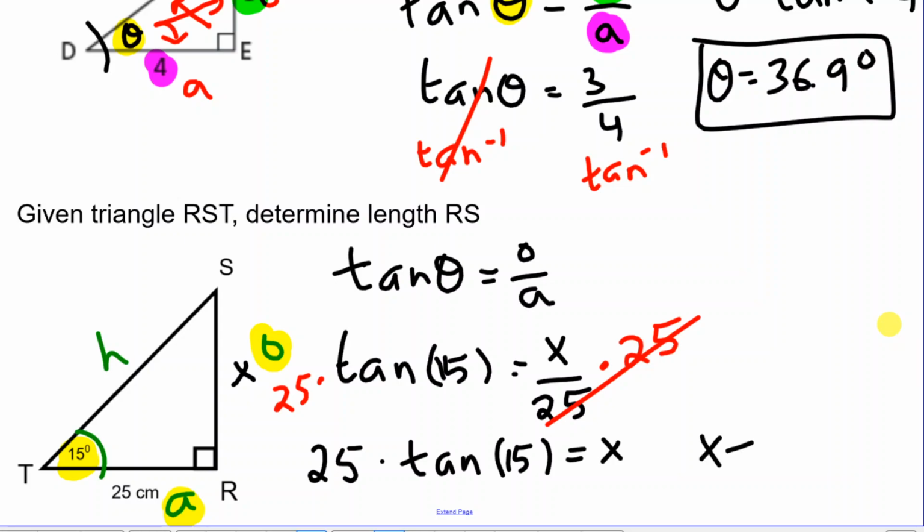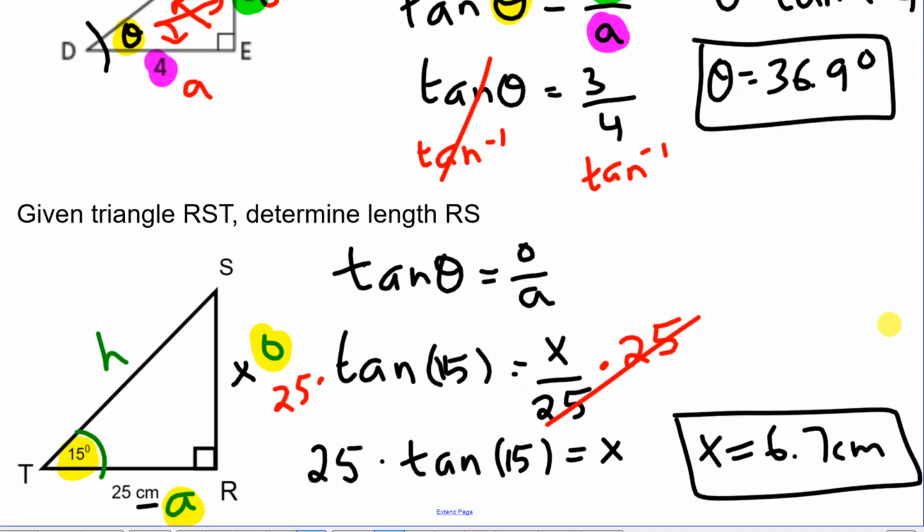So x equals 6.7. And then we look for our units. It was centimeters before, so our other side length will also be centimeters. And that means if I have a triangle of angle 15 degrees, and this triangle isn't drawn to scale, 15 degrees probably looks more like this.